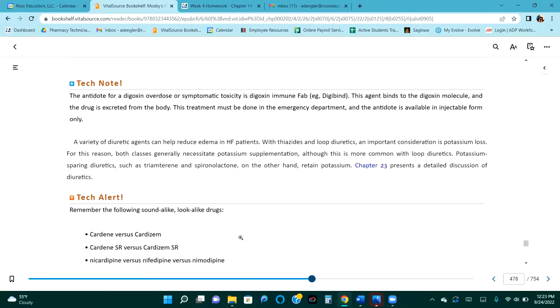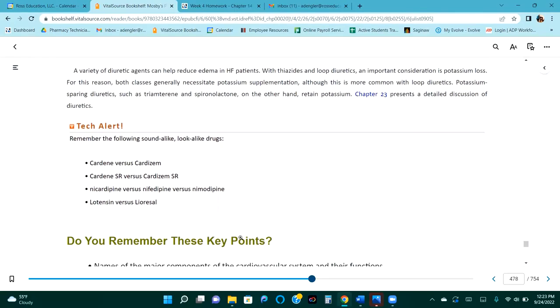This agent binds to the digoxin molecule and the drug is excreted from the body. This treatment must be done in the emergency department and the antidote is available in injectable form only. Lastly, take a look at these sound-alike, look-alike drugs, Cardene versus Cardizem, Lodine versus Lioresal.